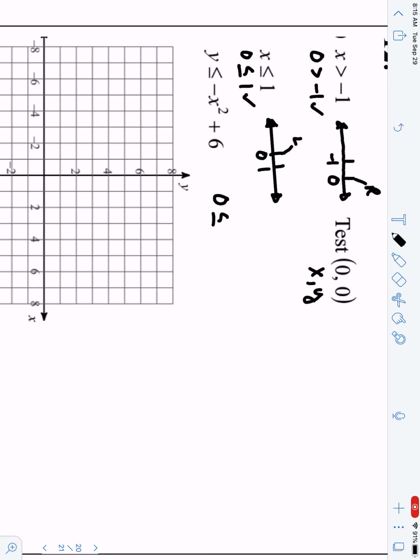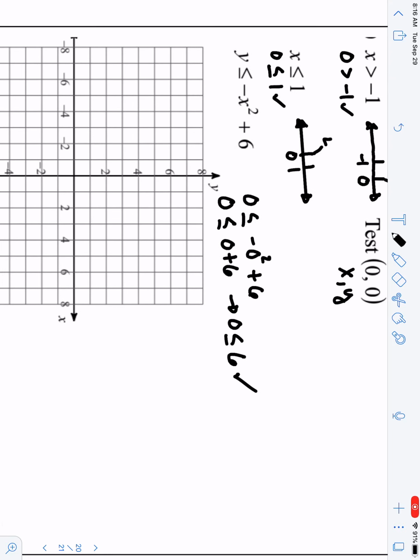Less than or equal to -0 squared plus 6. Well, -0 squared is still 0, plus 6. 0 less than or equal to 6. Again, that also works. Okay.